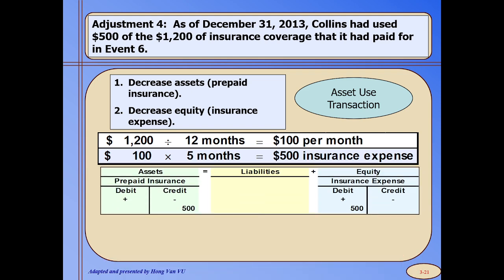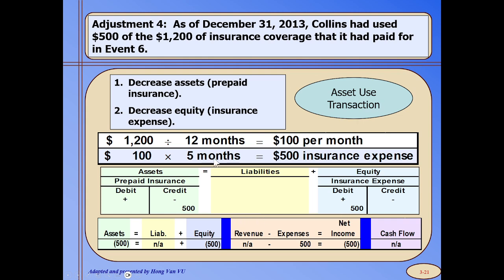So here is the transaction. This is the illustration on the T account. We have the asset account, prepaid insurance, decreasing by 500, so we use a credit to decrease. But for the equity, insurance expense increases by 500, so we have a debit of 500 here.